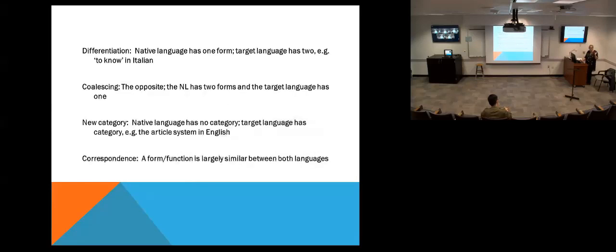So this is called a hierarchy of difficulty, and the idea is to try and test which are the real problem ones. So the hierarchy of difficulty just lists the possibility. The least problematic is what we call a correspondence form, right? So a form or function that is largely similar between both languages.